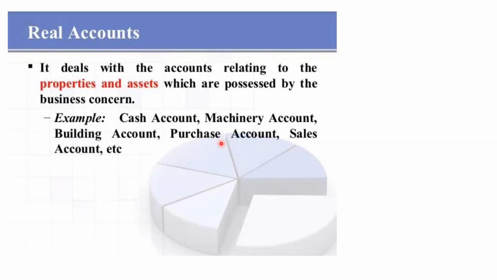That means we are purchasing something from the capital amount we invested at the starting of the business. Sales account. We are going to sell our cycles and get the money into our account. So all these will come under real accounts. Clear? Cash account, machinery account, building account, purchase account, sales account.